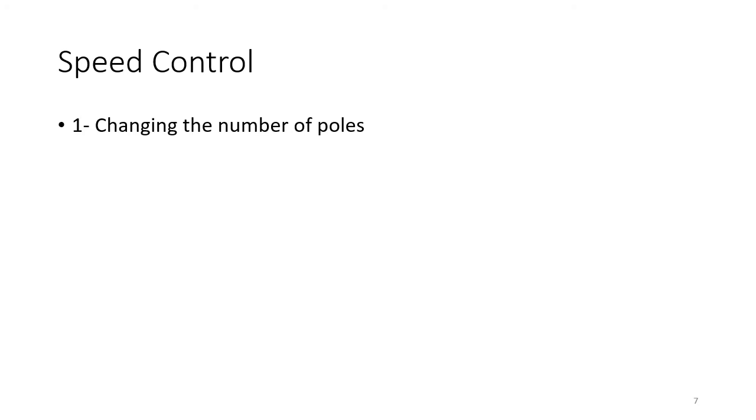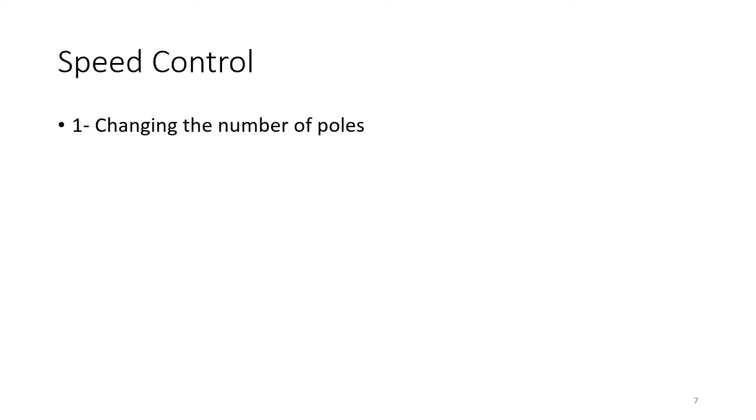But we have problems there. First of all, they are expensive. Secondly, they are high maintenance because of all the brush problems that we have talked about. And thirdly, they cannot be used in some hazardous atmospheres.